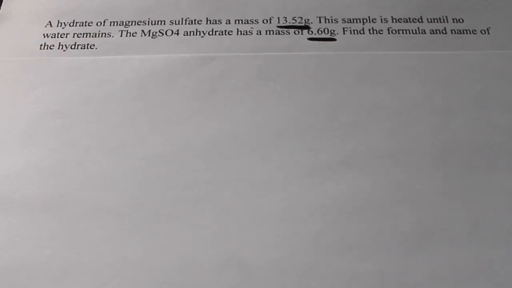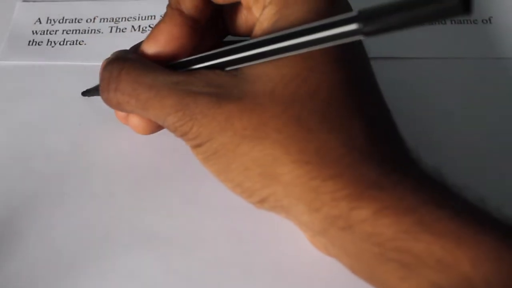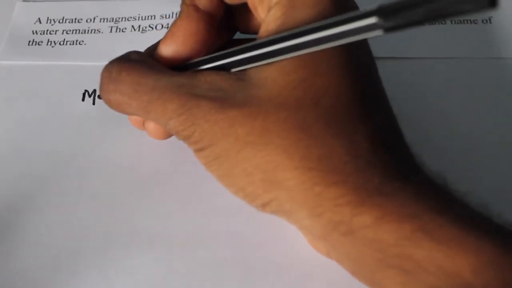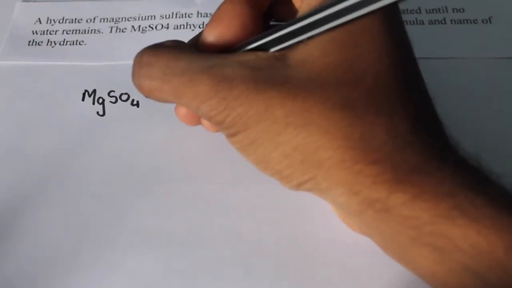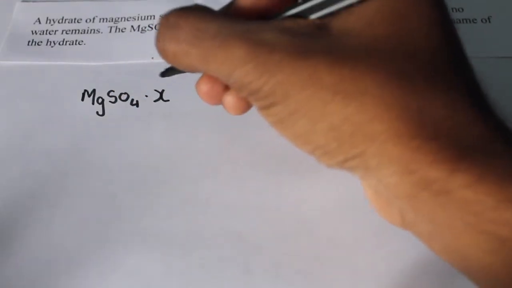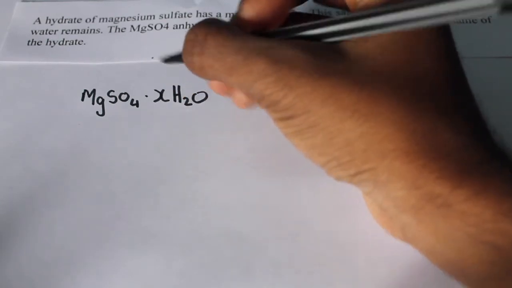But what are hydrates and anhydrates anyways? Well, a hydrate is a compound that is bonded to water molecules, and an anhydrate would be that compound without the bonded water. To let you further understand, let me begin by writing out the formula with the missing variable. So, magnesium sulfate times X number of molecules of H2O.